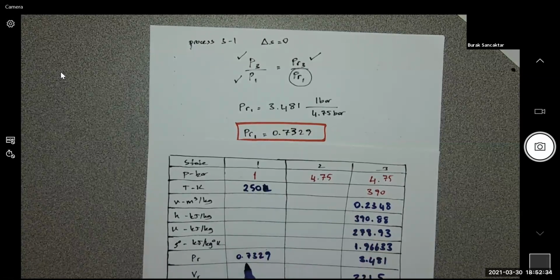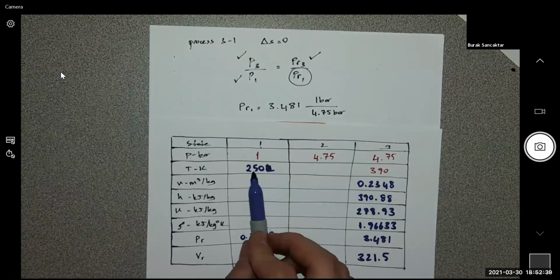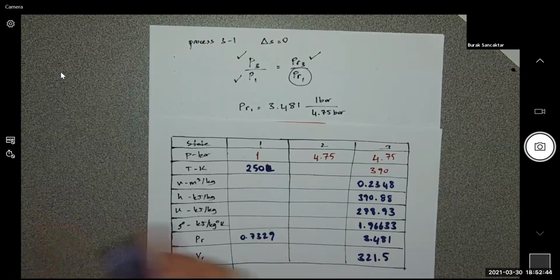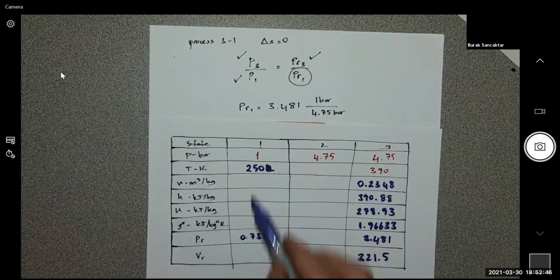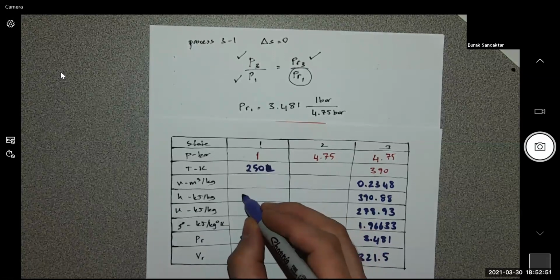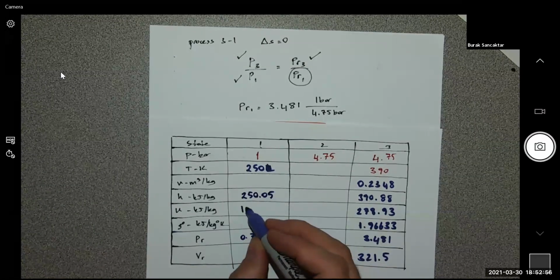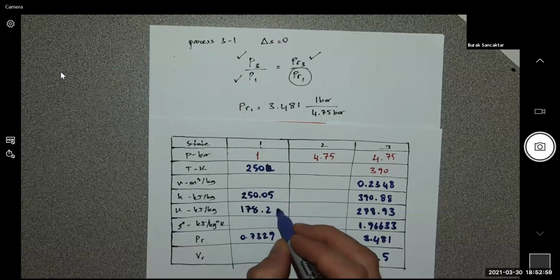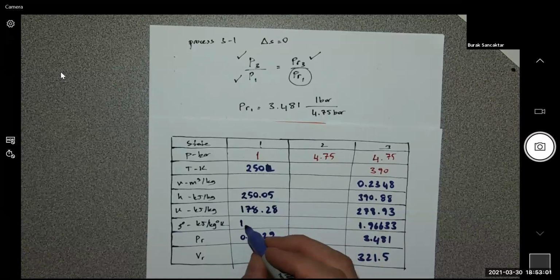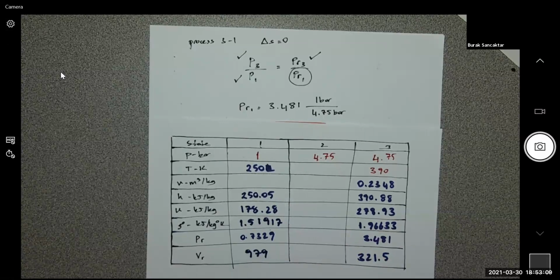So by knowing one of your properties at a specific state, you can check your temperature, and knowing your temperature gives you other properties. Enthalpy is 250.05. Internal energy 178.28. S0 is 1.51917, and VR is 979. Okay.